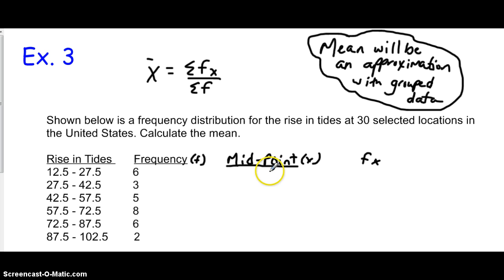So we're going to be finding the midpoint of each of our classes here. And then we're going to be taking that midpoint and multiplying it by the frequency and putting it in this column. Because our formula to find the mean is the sum of the products of the midpoint times the frequency, divided by the sum of the frequencies. So go ahead and try that.